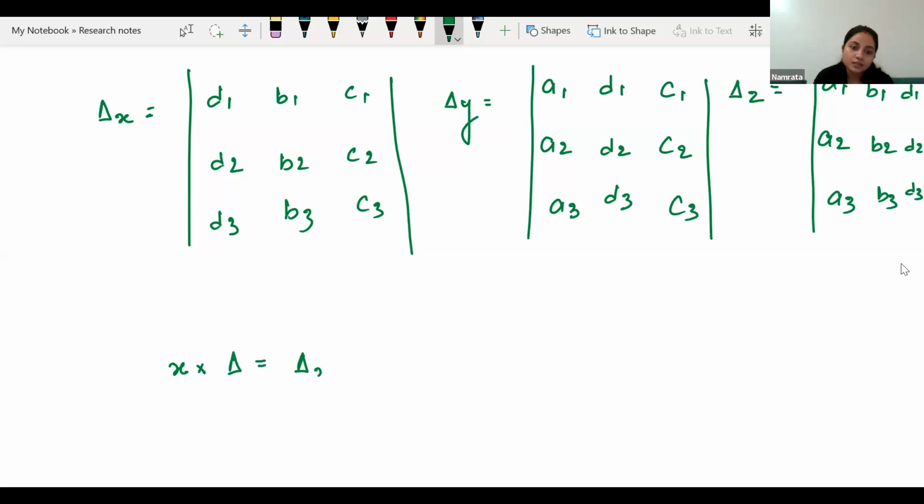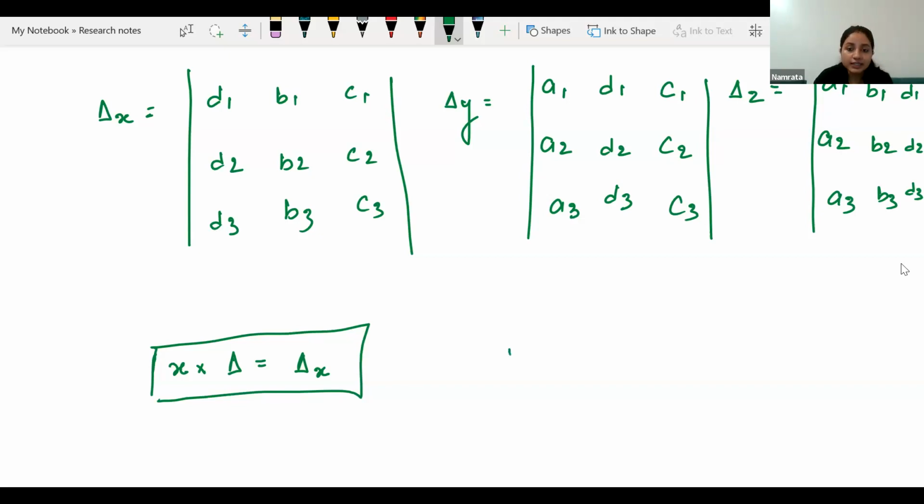Delta x is just a determinant, and we will get its value. Delta is also just a determinant with a value. So by using this condition, we can get the value of x.